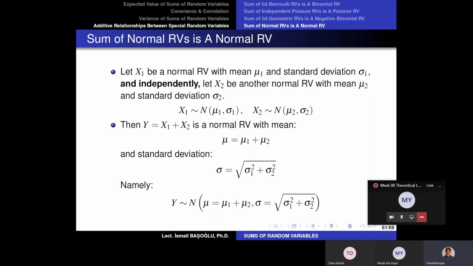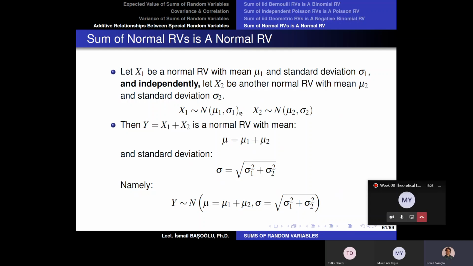Now we are going to talk about the sum of normal random variables. So let's just say x1 is a normal random variable with location parameter mu1, which is also the mean, and standard deviation sigma 1. And independently, I define another normal random variable x2, and it is going to have the mean of mu2 and the standard deviation of sigma 2.